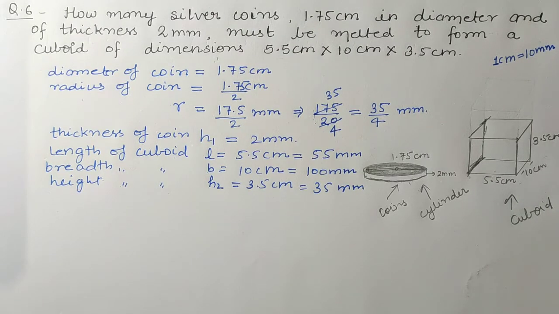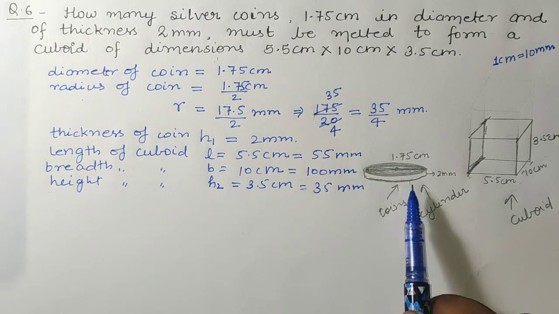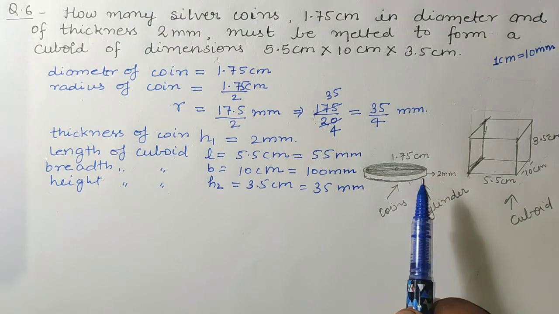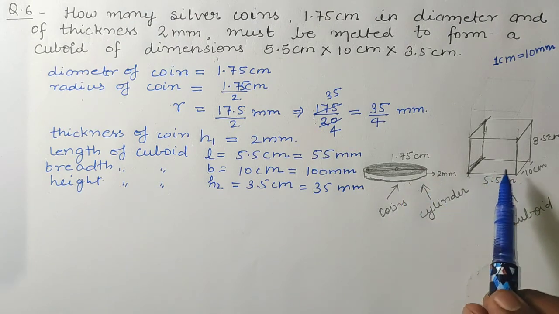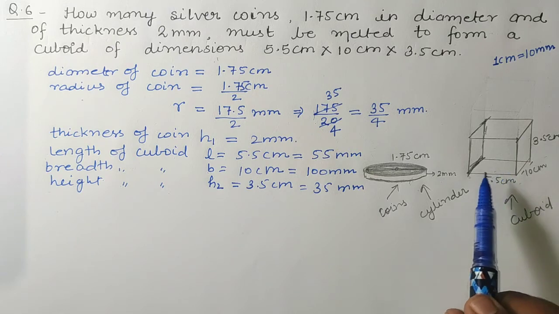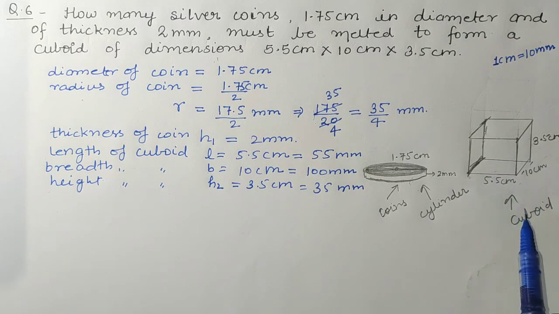Okay students, now what concept will we use? Suppose there are n number of coins which should be melted to get the cuboid of this dimension. So what should we do, students? The volume of n number of coins will be equal to the volume of cuboid.